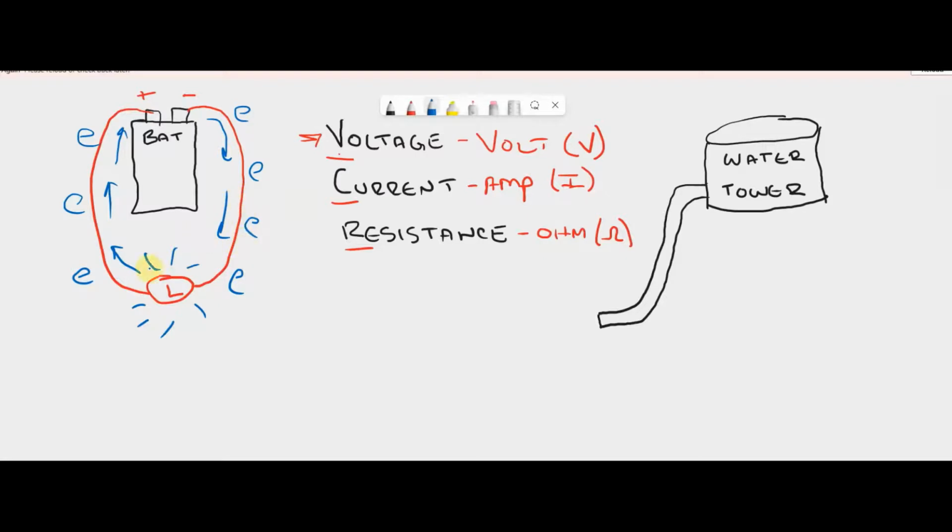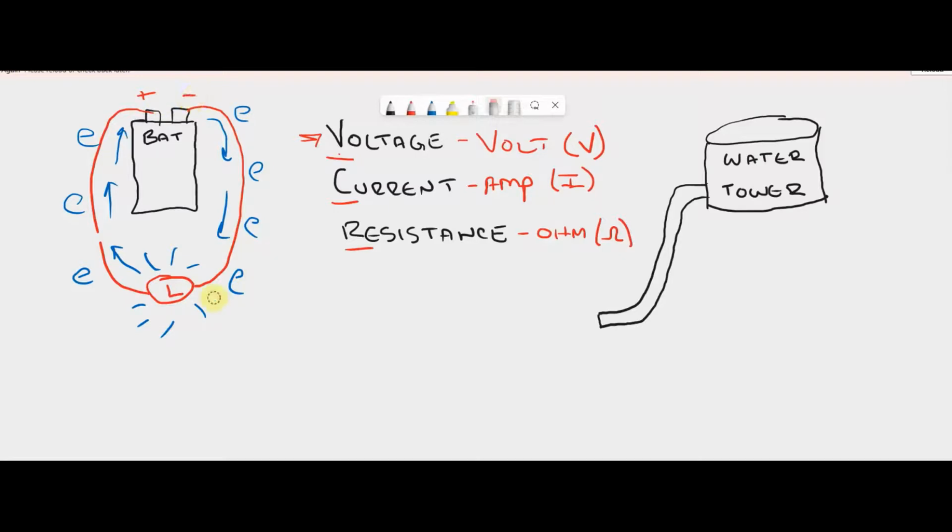But what if we just took a pair of pliers and accidentally opened up that wire right there? If we did that, that would stop completely our flow of electrons from the negative to the positive.